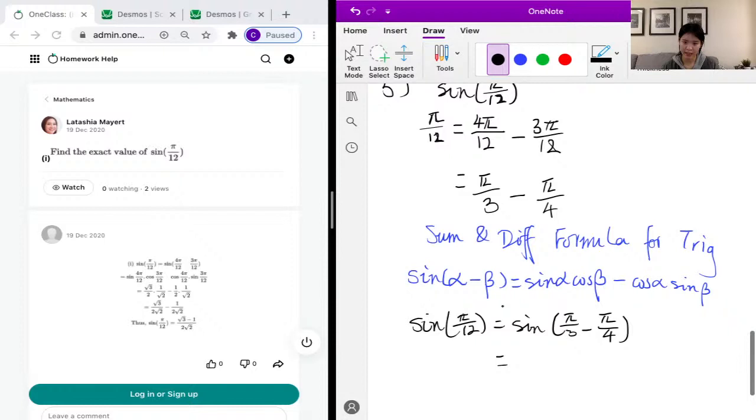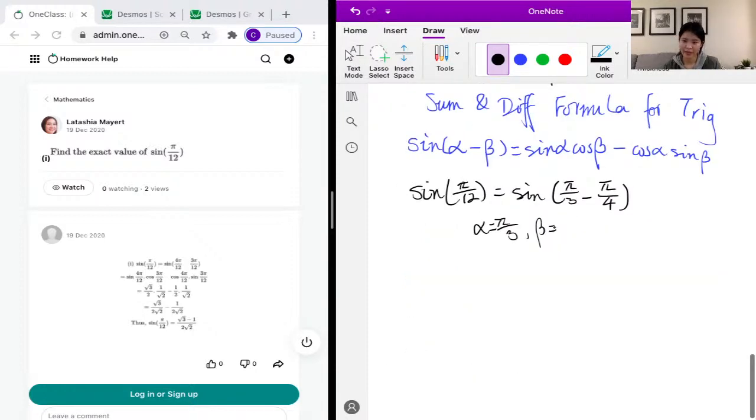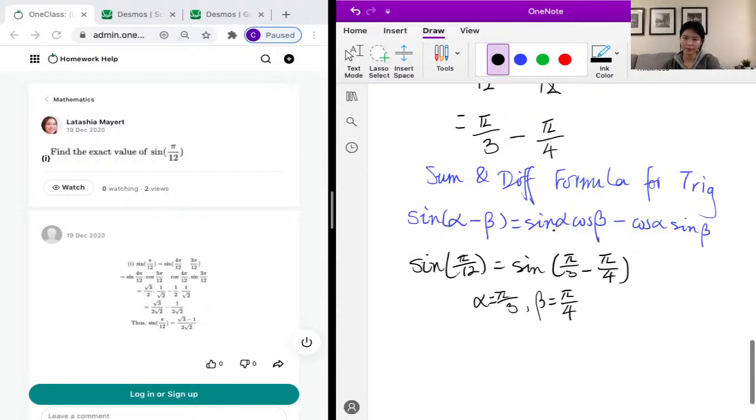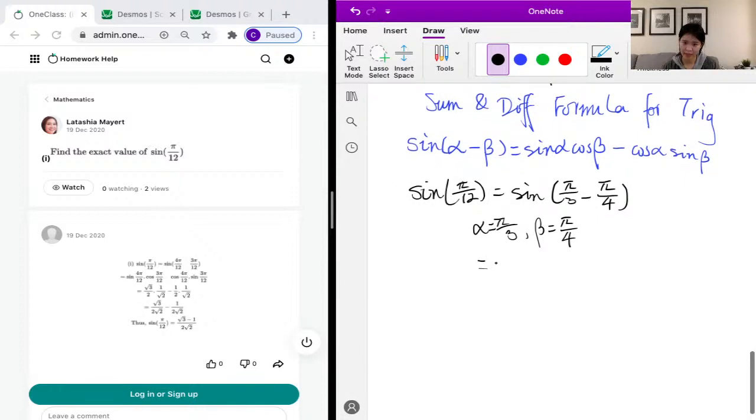Let A equal pi over 3 and let B equal pi over 4, and we have sine of pi over 12 is equal to sine of pi over 3 cos of pi over 4 minus cos of pi over 3 sine of pi over 4. Alright, this is our formula.